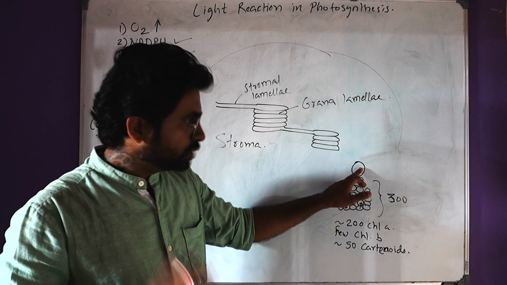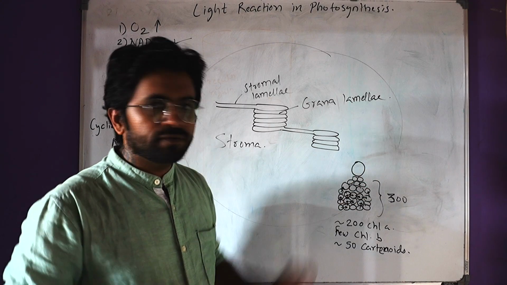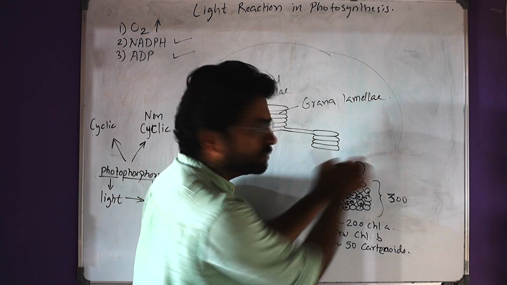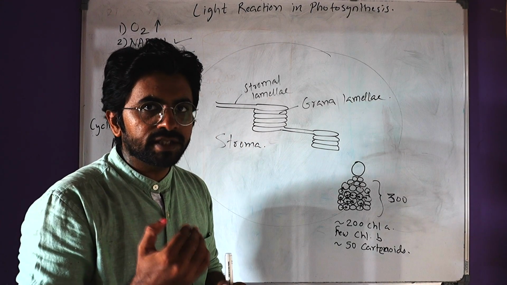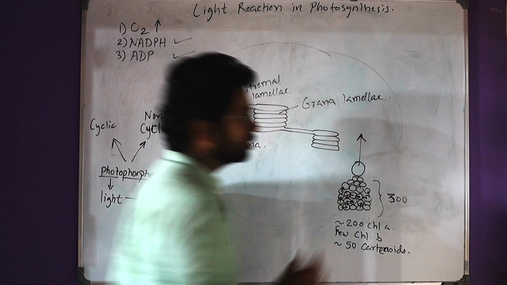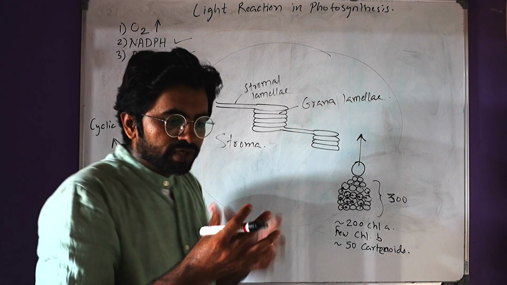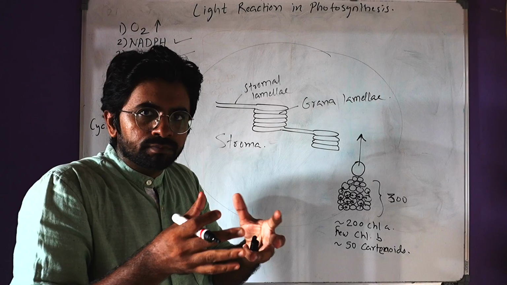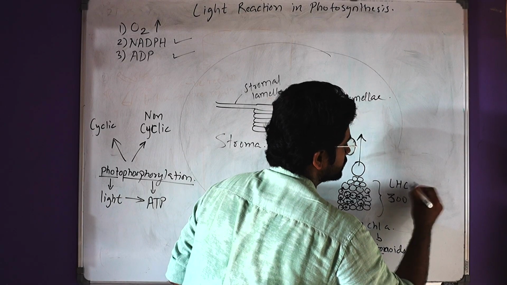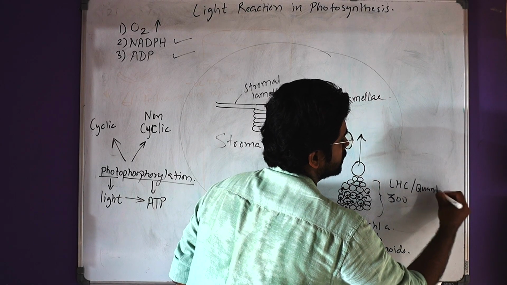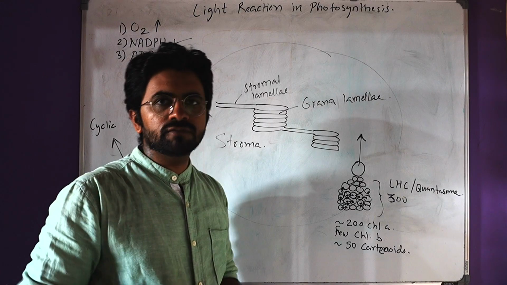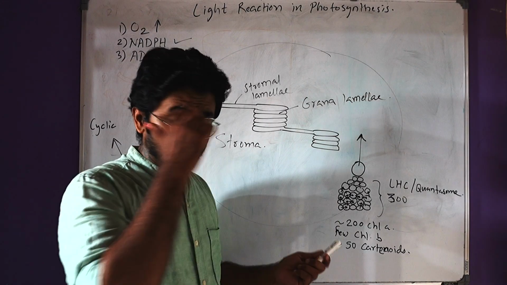Okay, so the rest of the chlorophyll A that we are talking about are different from this particular chlorophyll A. Why? Because this chlorophyll A is known as the reaction center. It will gather the energy from the rest of the pigments, get energy rich, and then it will fire, or we can say eject, its electron when it gathers too much energy from the rest of the quantasome. Now the rest can be known as the light harvesting complex, can be known as quantasome, or there is one word, antenna, that also can be used.